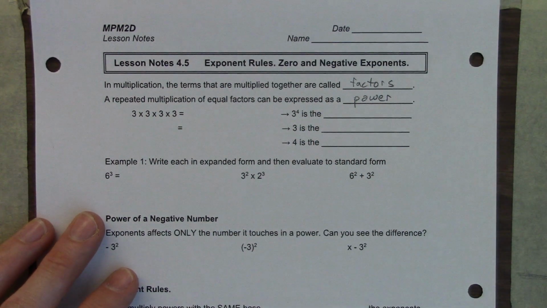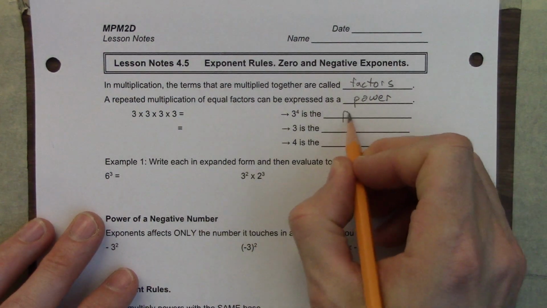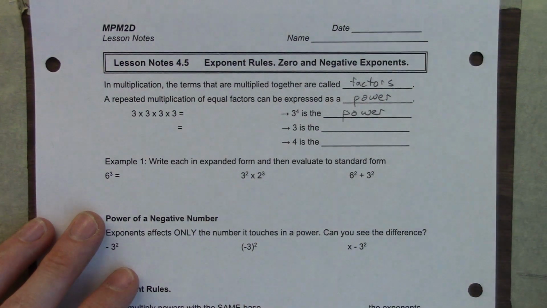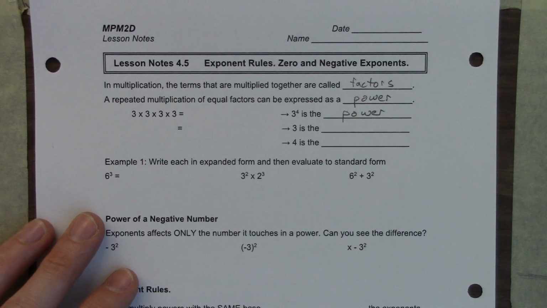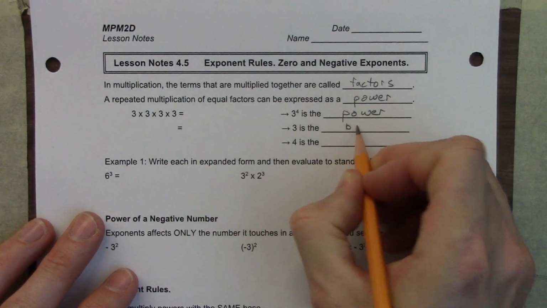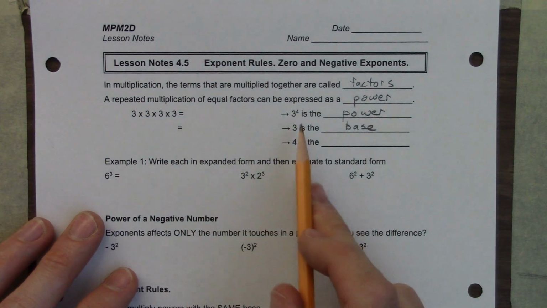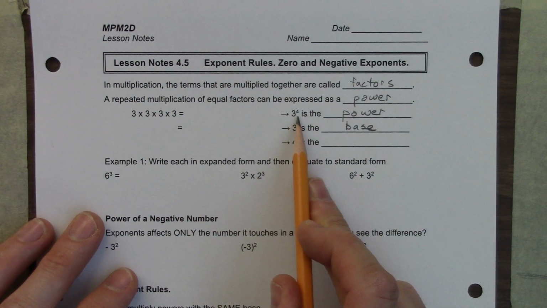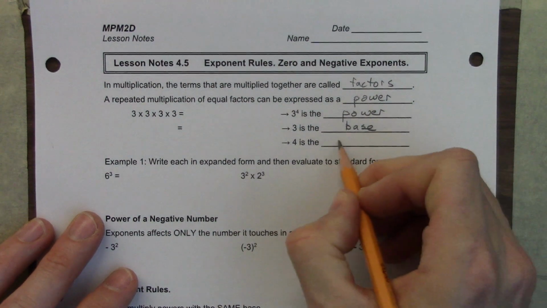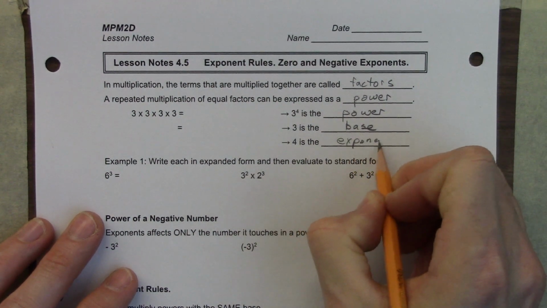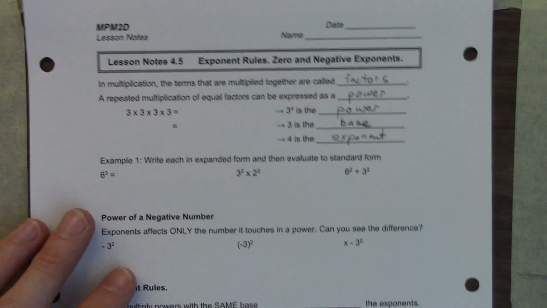So 3 to the exponent of 4, the whole term is called a power. The 3 is called the base. And what's the 4 called, RC? The 4 up here. Exponent, yeah. Alright, so those are the parts of a power.